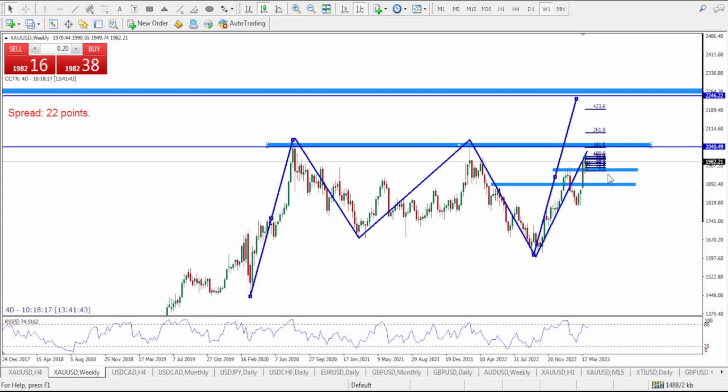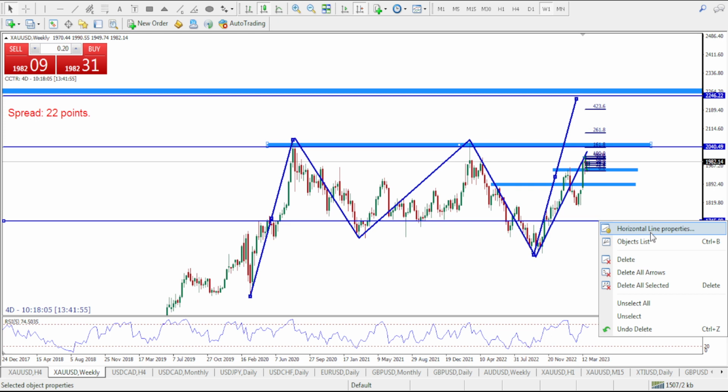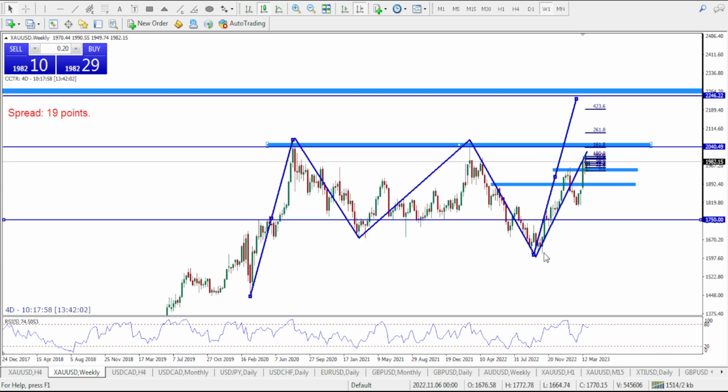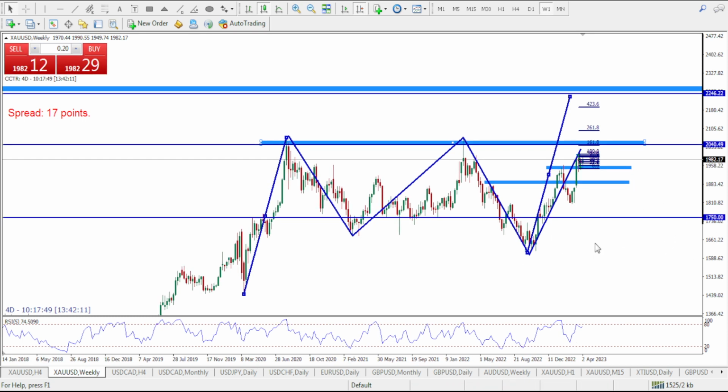I will be covering it daily, unless price gives me a bounce back to 1745 once again. Let's make it 1750, right? And I have discussed this 1745 level in the previous videos, so make sure to find it on my channel and watch them.